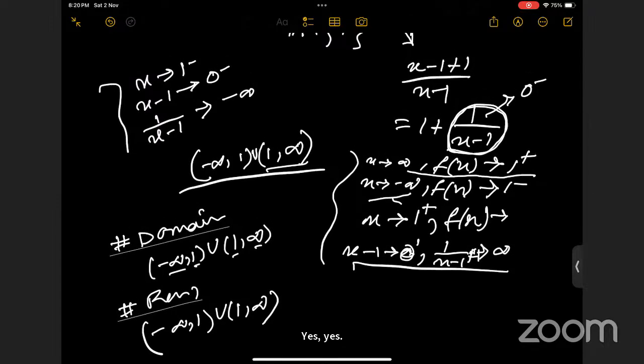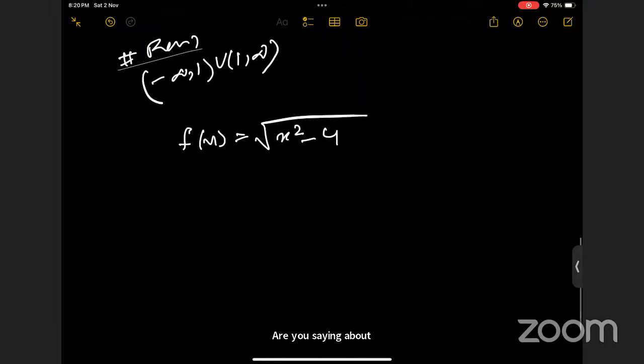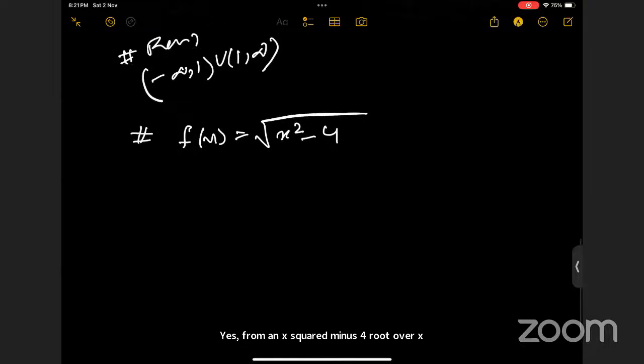He's saying about the below question. Root over x squared minus 4. Range would be from 0 to infinity, and domain would be from minus infinity to minus 2, and 2 to infinity. What is the domain?